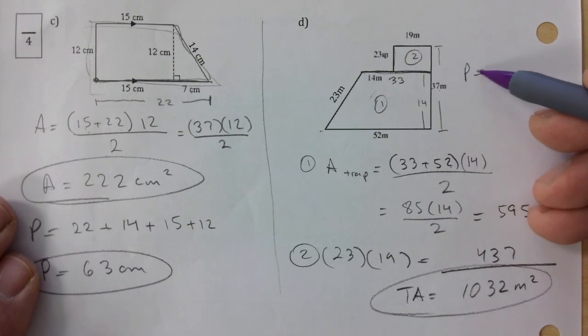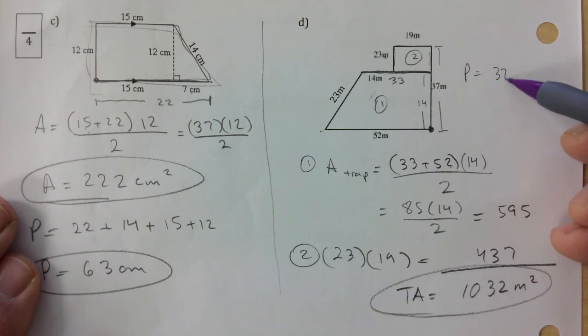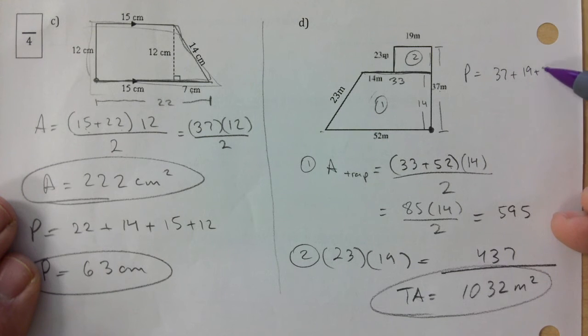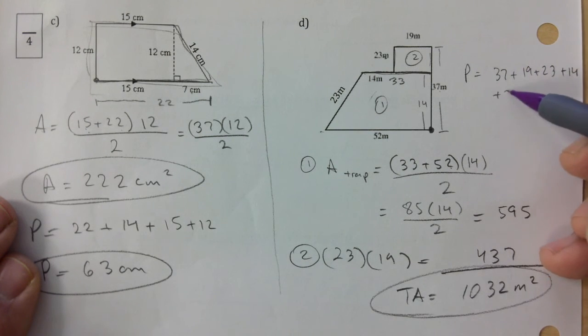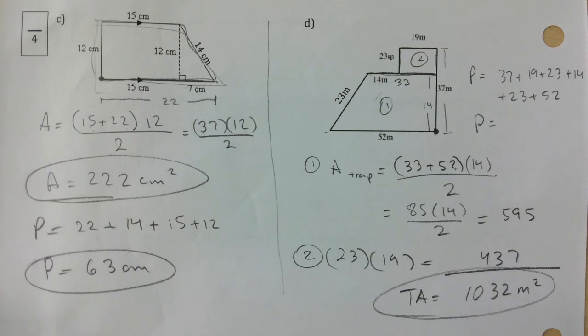Okay, now let's do the perimeter. I'm going to start at this corner here, 37 plus 19 plus 23 plus 14 plus 23 plus 52. Okay, 37.